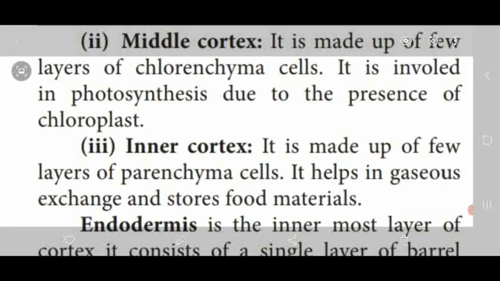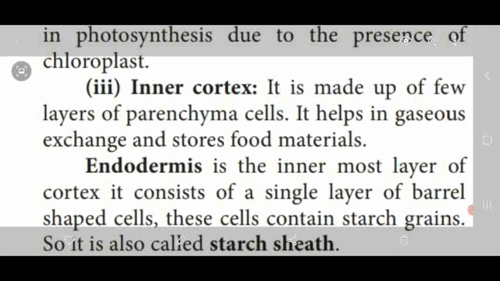Not only that, this region stores some amount of food materials. So dear students, first region is epidermis, second region is cortex. The cortex is divided into three regions. One is the hypodermis, next one middle cortex, third one is the inner cortex.